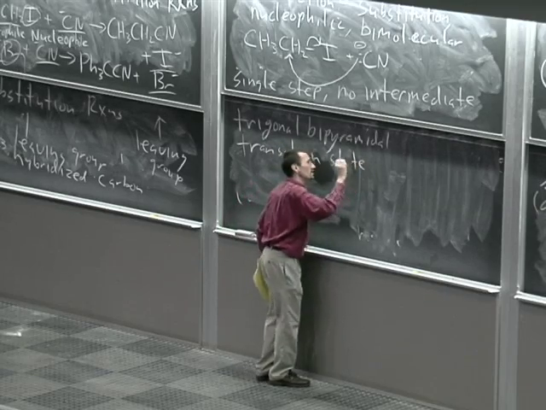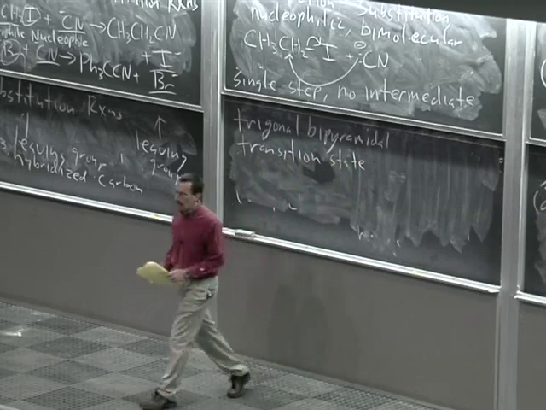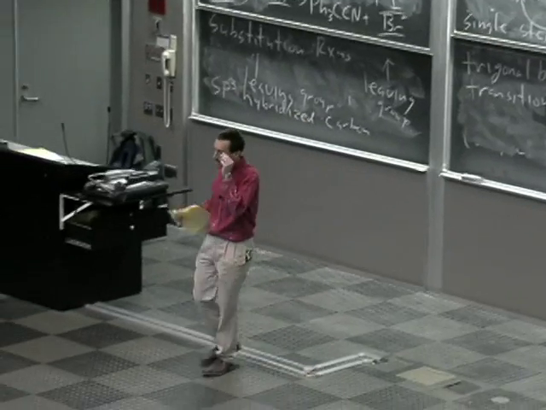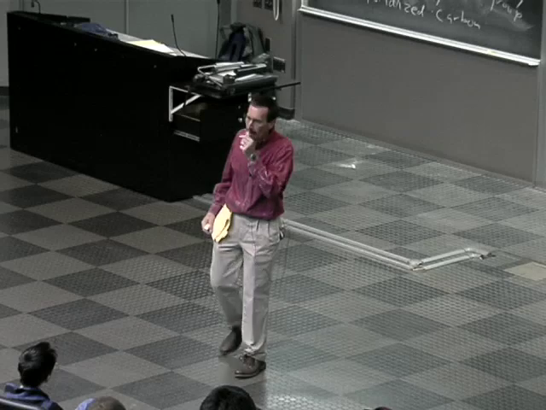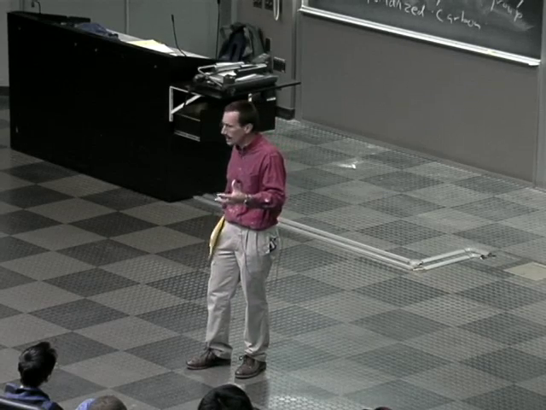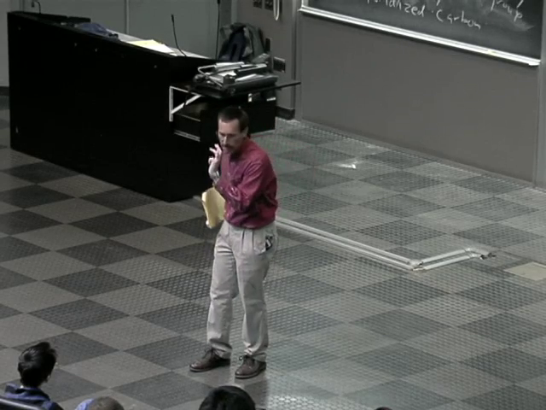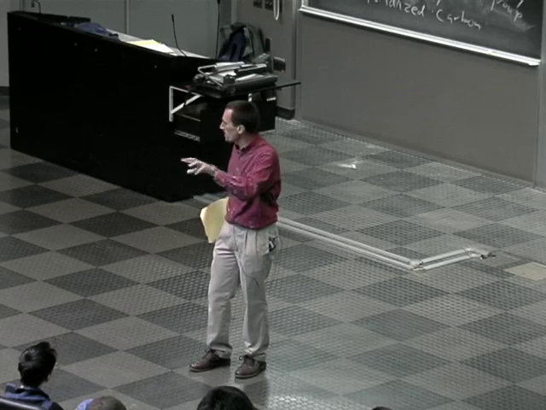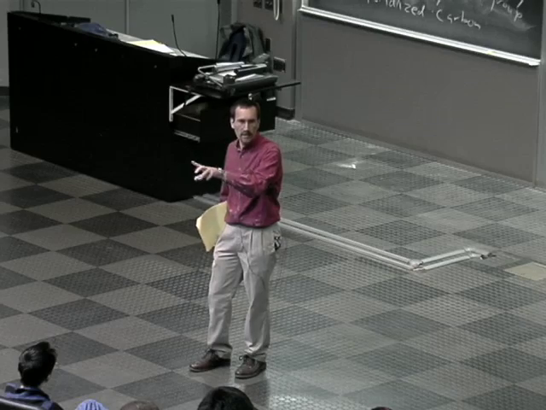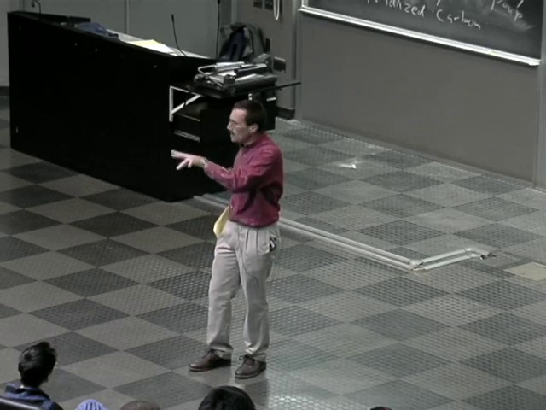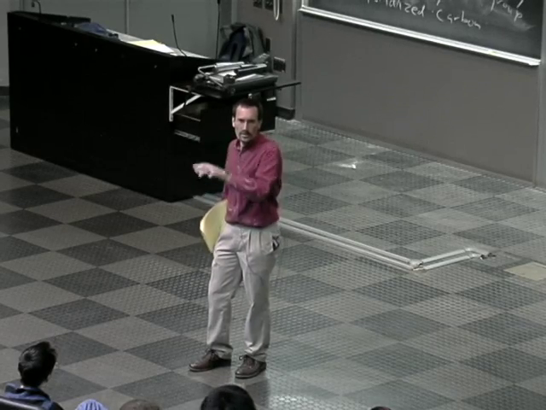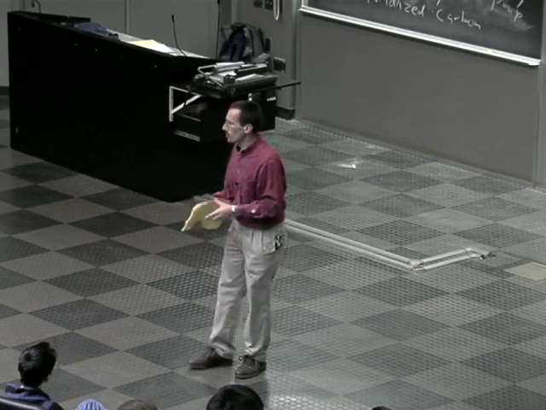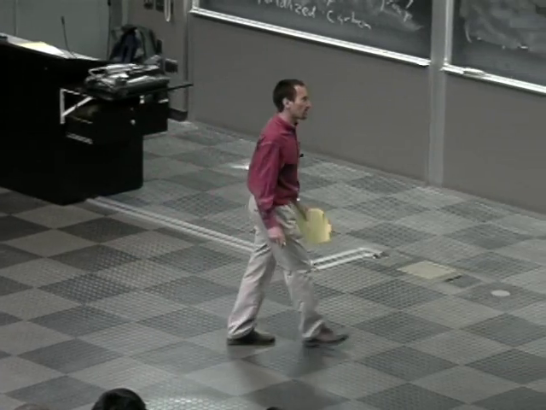Remember, the transition state is that fleeting arrangement of atoms that exists for only about a femtosecond, for only about 10 to the minus 15 seconds, where the nucleophile is coming in and forming a bond, it's substituting for the leaving group, and that bond is breaking.